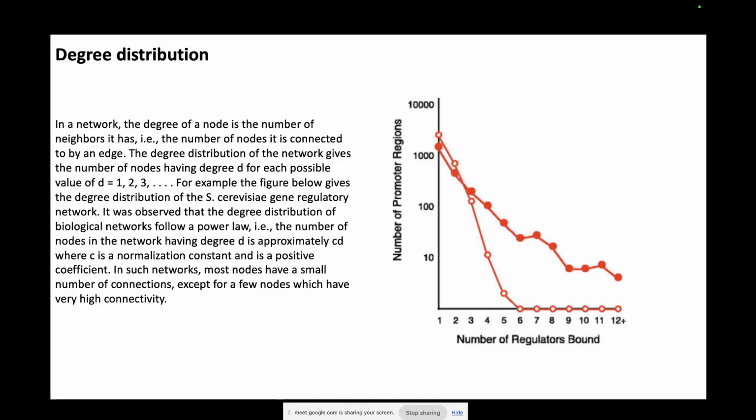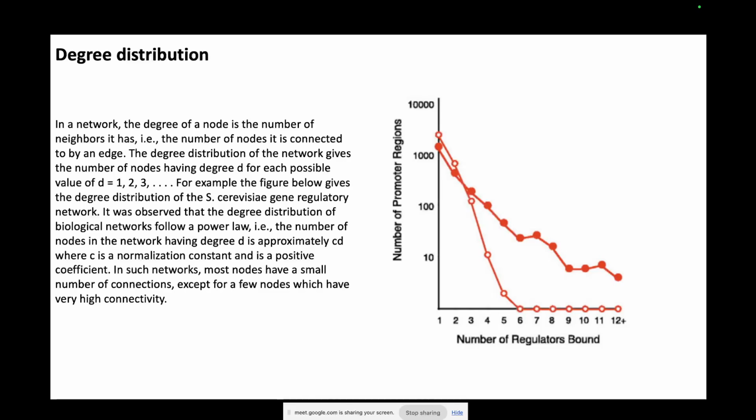For example, think of a gene regulatory network, or a gene disease network, where the nodes are represented by genes and diseases. If a particular gene is involved in a lot of diseases, the number of connections from that gene will be higher. So the node represented by that gene will have a very high degree.